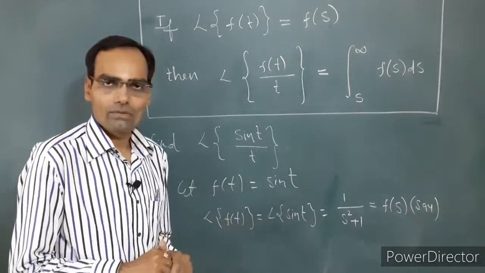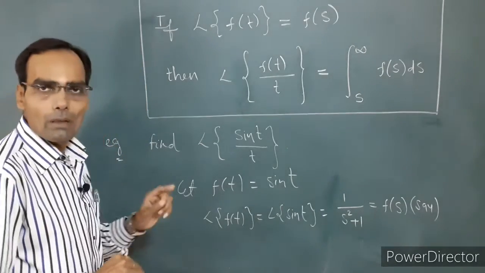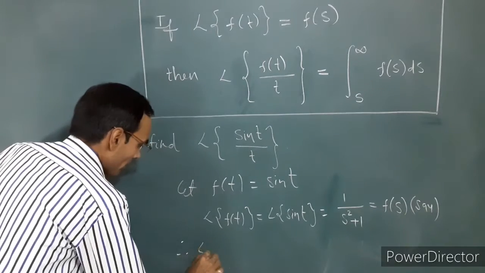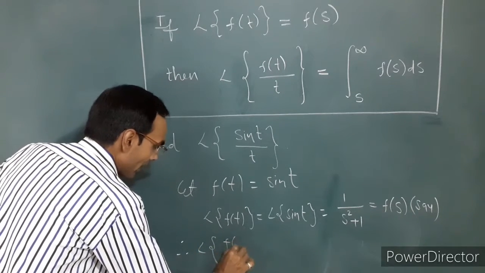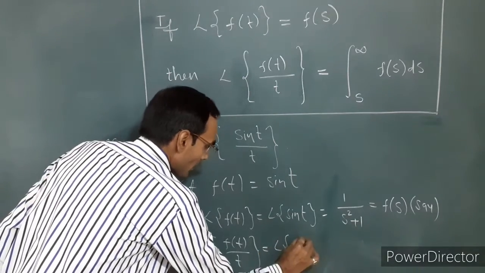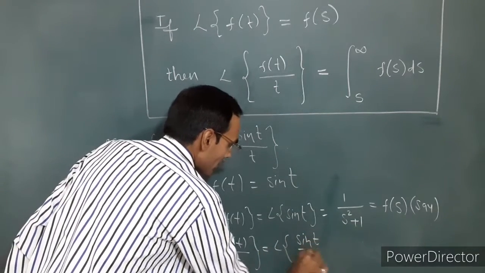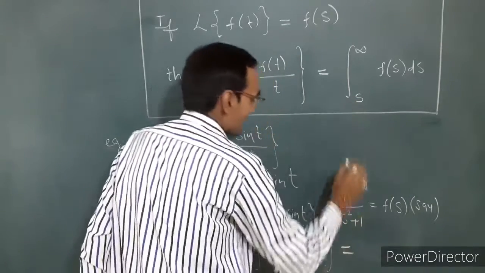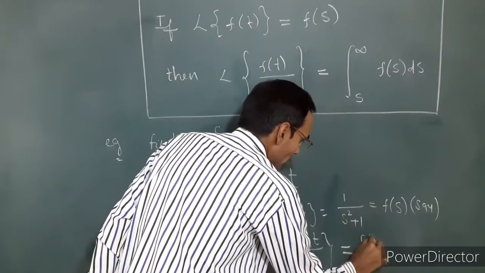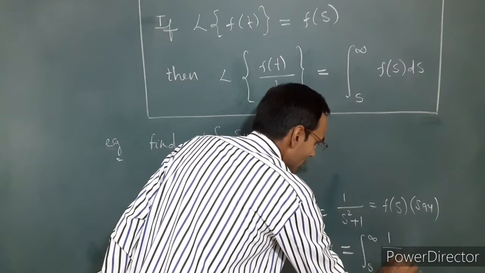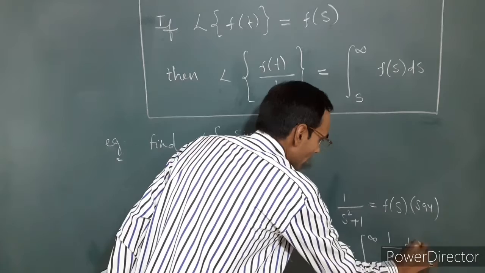After that we apply this property of division by t, so the Laplace transform of sin t upon t is the integration from limit s to infinity of F(s), and our F(s) is 1 upon 1 plus s square into ds.